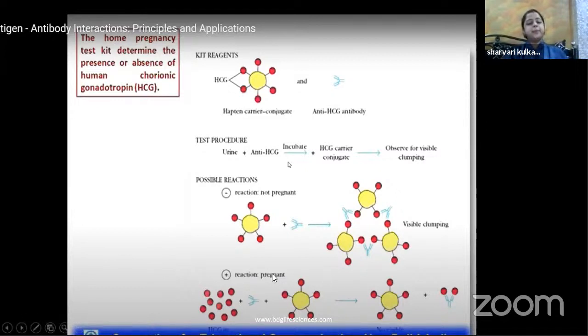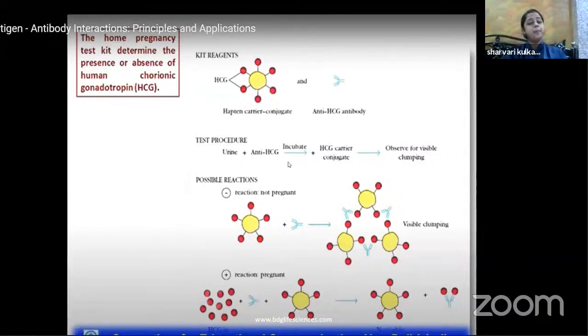Opposite, what will happen if the woman is pregnant? There will be HCG present in her urine. Now, when you add the contents of the test kit, that is antibody and HCG carrier conjugate, there will be a reaction between this HCG and antibody, and the HCG carrier conjugate will remain as it is.